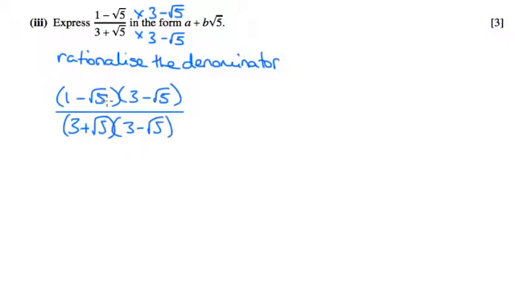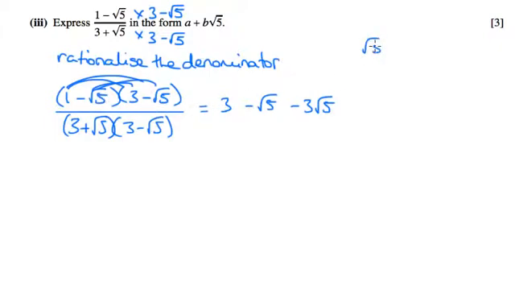So we now have to simplify this by expanding all the brackets. So that's going to be a 1 times 3, 1 times minus root 5, which is minus root 5. We can have minus root 5 times 3, which is minus 3 root 5. And we're going to have a minus root 5 times a minus root 5.